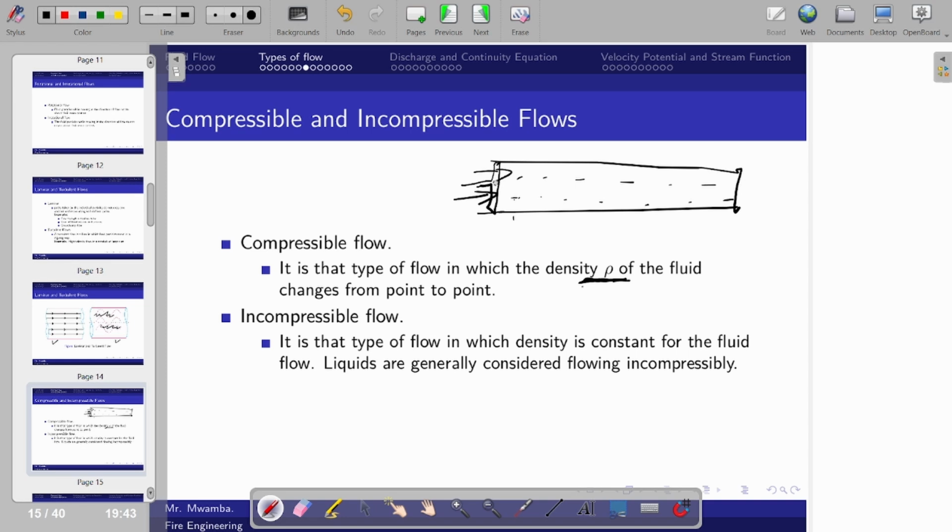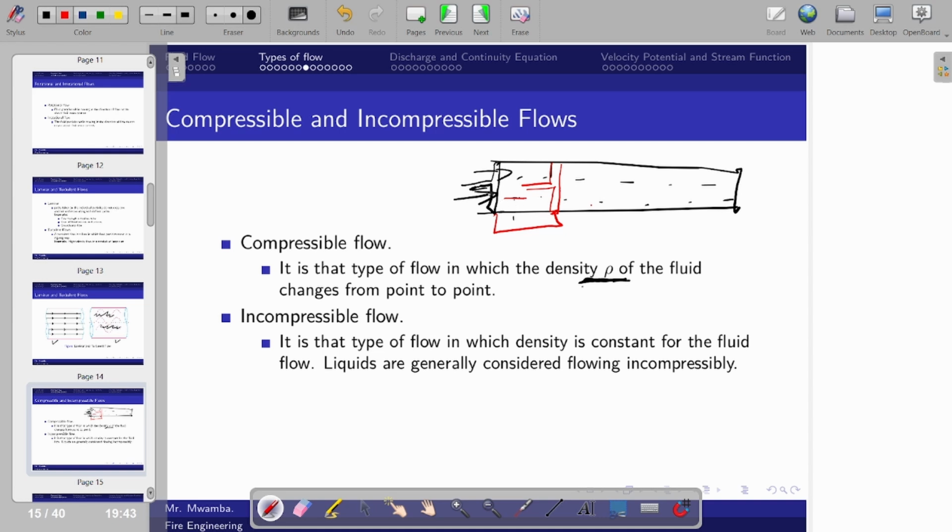If at some point this moves from this point to that point, there has been a change in the density of this fluid. It has been compressed by this amount.